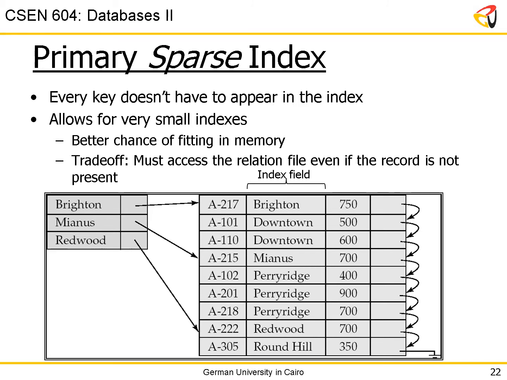So I have to go to the table between the arrows that are coming out from Minus and Redwood, which is the row A-215 Minus 700, and all the way till the row A-222 Redwood 700. And I will have to scan linearly those rows included within these two arrows to decide if Perry Ridge exists or not. And in this case, obviously, I will find Perry Ridge and I will include the three rows in my result set.